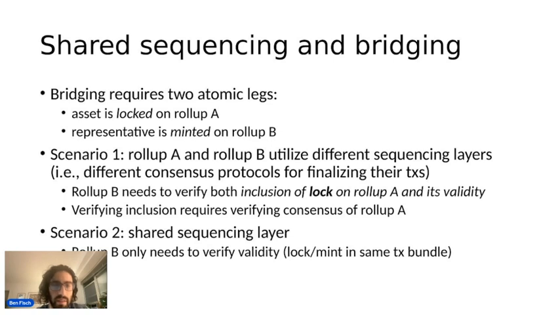If it's a ZK rollup, then it could be verifying the ZK rollup proof directly. That still needs to happen, but it no longer needs to implement anything to verify the consensus of rollup A because they're sharing a consensus. Essentially, the lock and mint transactions are just in the same transaction bundle that was processed by this common shared sequencing layer.